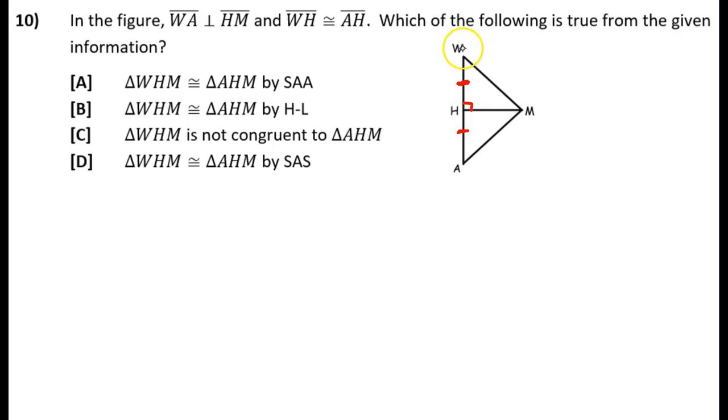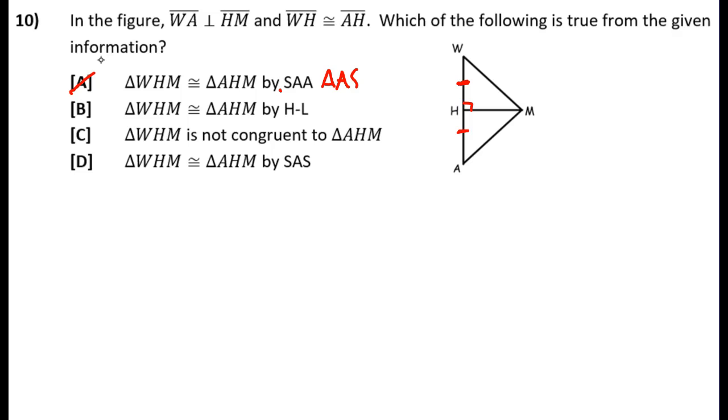So triangle WHM congruent to triangle AHM by SSA. Or that would be AAS if we rewrote it in a different order. Notice they only give me one angle. I don't know that W is congruent to A. I don't know that these two angles are congruent. So that is not the correct choice.